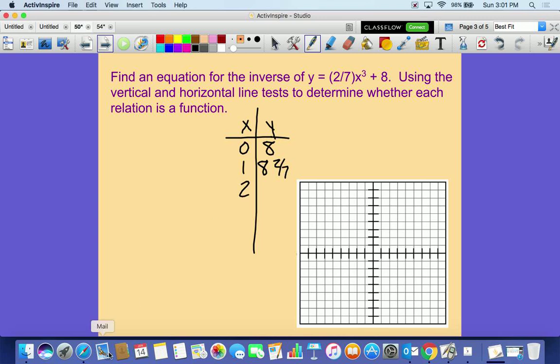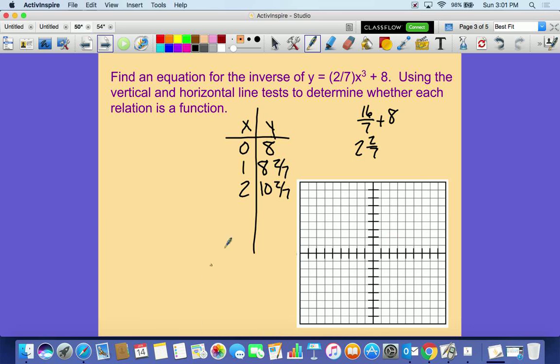Throw a 2 in there. 2 cubed is 8. 8 times 2/7 is 16/7 plus 8. This is the same as 2 and 2/7 plus 8, so this ends up being 10 and 2/7. And as you know, this is going to fall off the graph there.